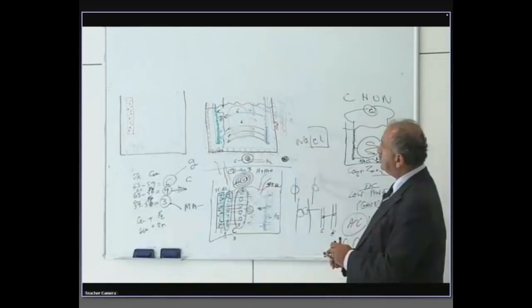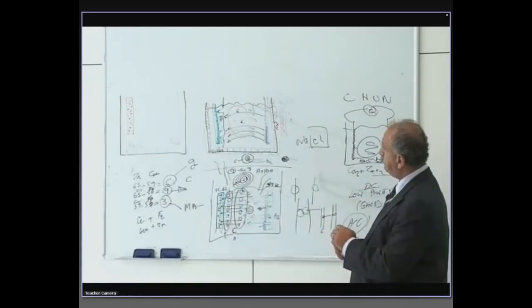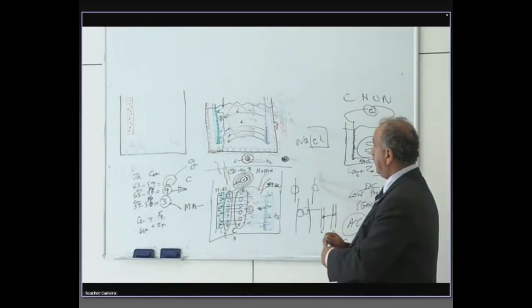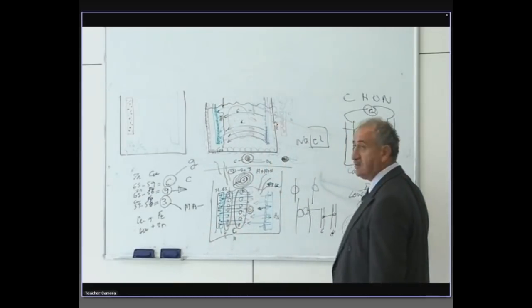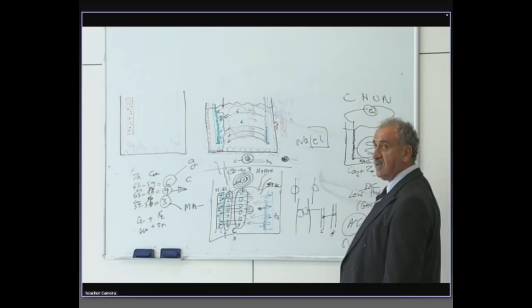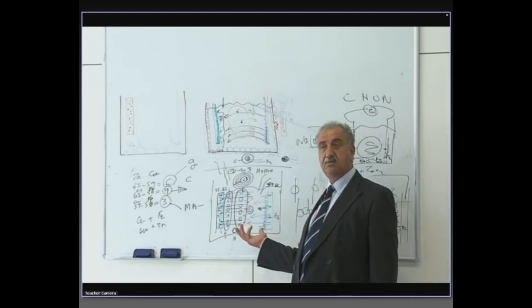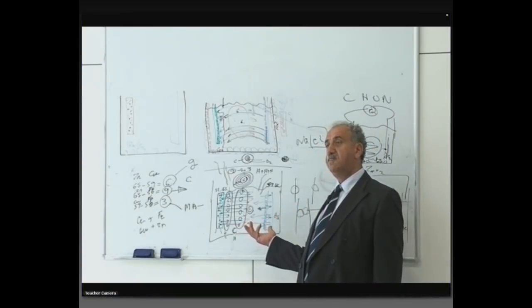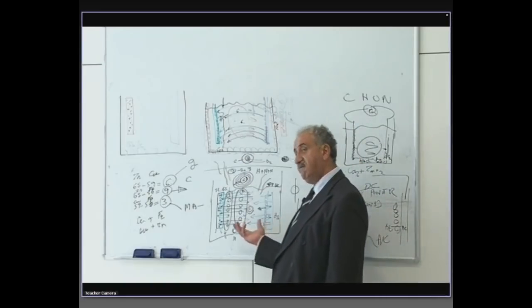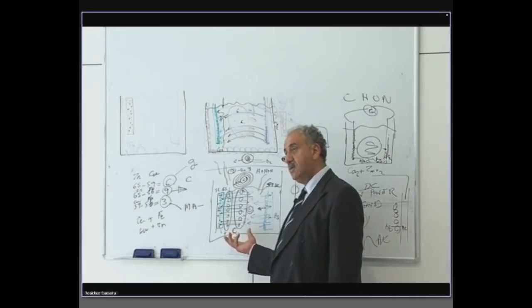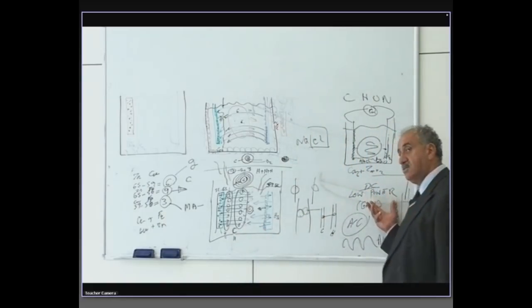So try to understand this and separate the matter state, which is this, from the gas state, which is this. Here you create the environment. Here you create the material.